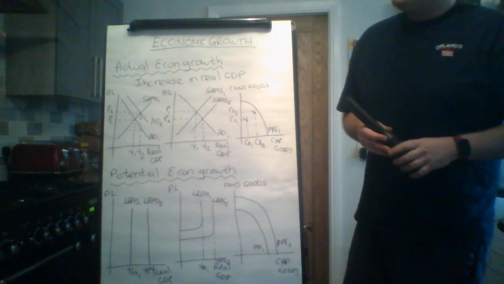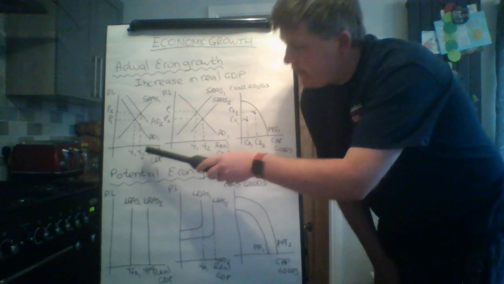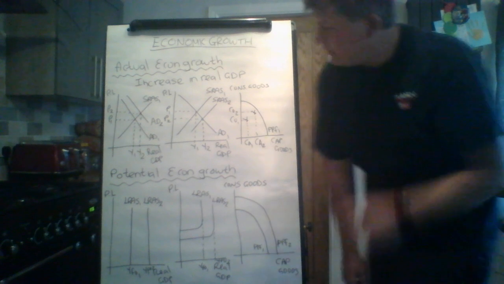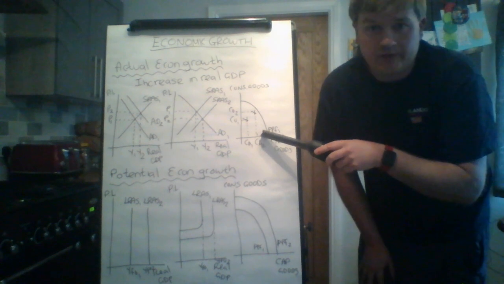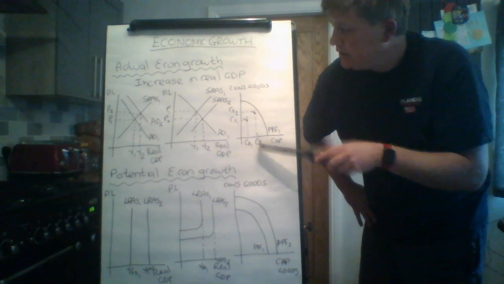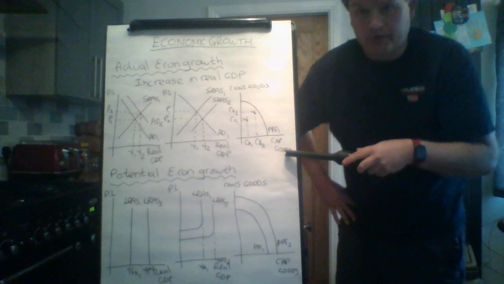But let's start first of all then with actual economic growth. Now we can show this in different diagrams. Let's start first of all with our trusted production possibility frontier. So what we've got here is an economy that can produce a mixture of consumer goods and capital goods.